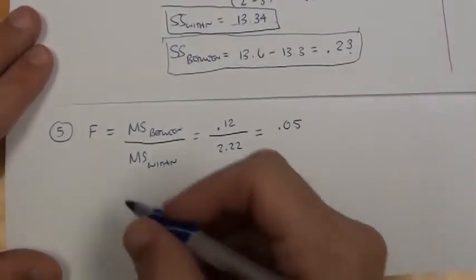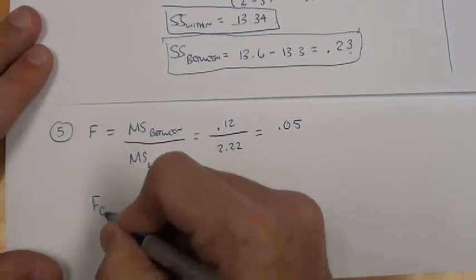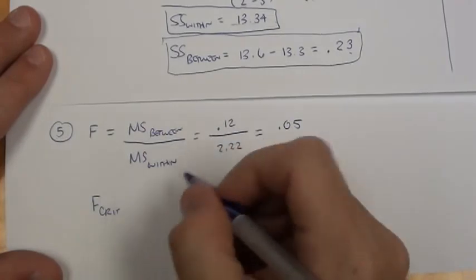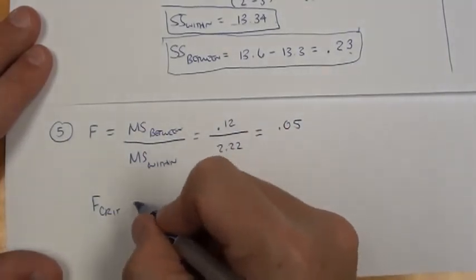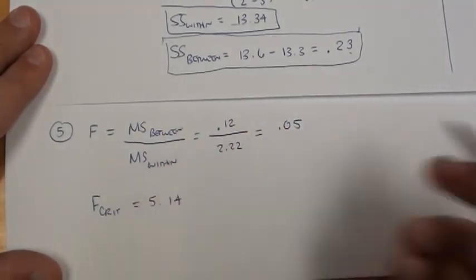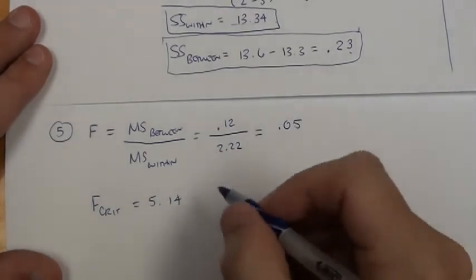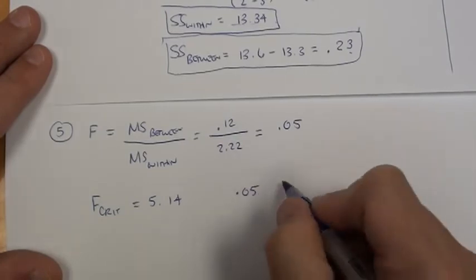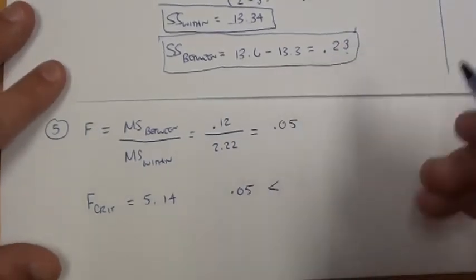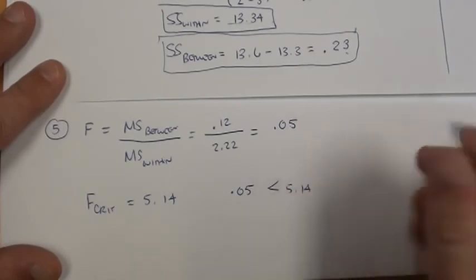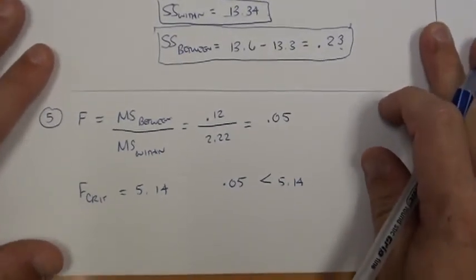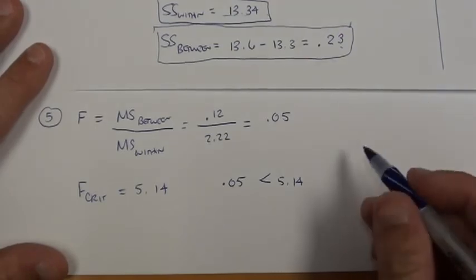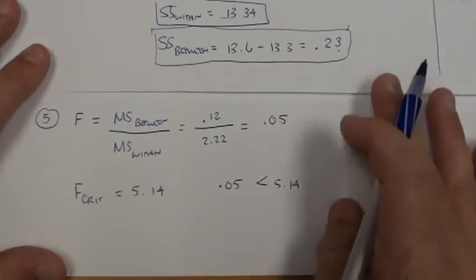Now, if we bring back our F critical value, which is the F value to which we compare our actual F, it was 5.14. So we find that our F of 0.05 is less than 5.14. Okay. So based on our data, we did not actually get into the critical region for rejection of the null hypothesis.